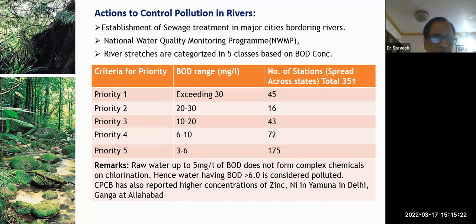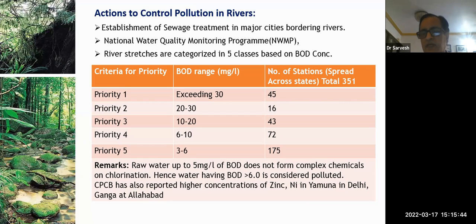And for this purpose, the National Water Quality Monitoring Program was launched. The river stretches were categorized into 5 classes, particularly on the basis of BOD. Up to 5 ppm of BOD, there is no problem. But priorities were decided above 5 ppm.